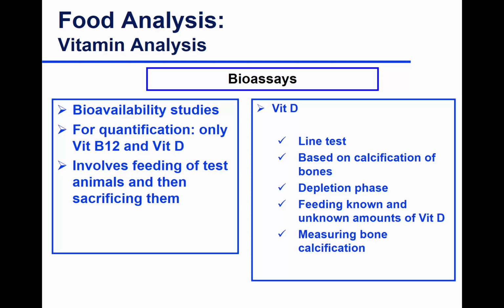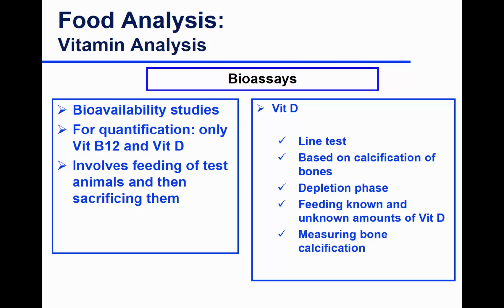Okay, cool. So we talked last time about different types of analyses. Bioassays using in vivo methods, microbial assays, and then chemical assays. So for bioassays, usually the ones that are available are for vitamin B12 and vitamin D. Vitamin D is also an official method using animals or rats, but you can detect both of them by different methods.